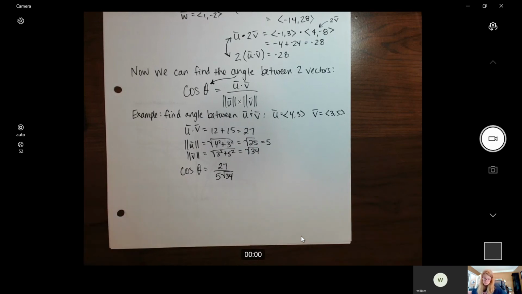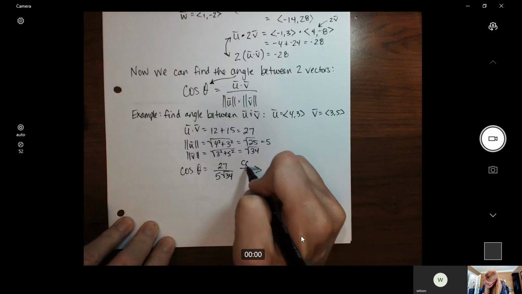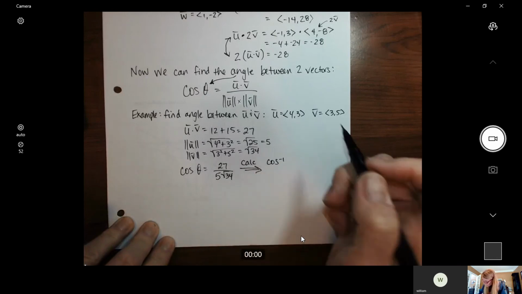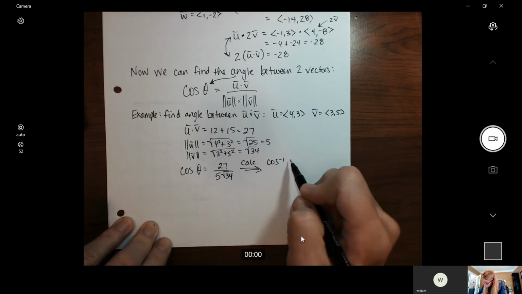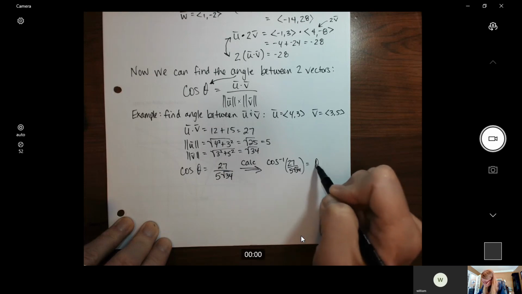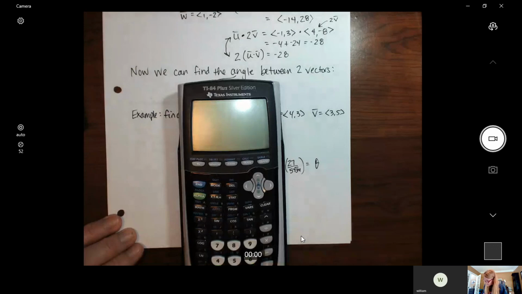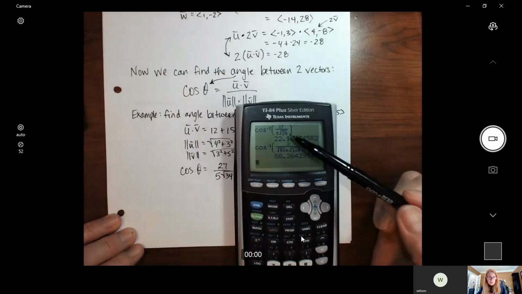Now this part, we have to use inverse trig. So we have to go to our calculator and use cosine inverse, right? So if the cosine of theta is equal to that, then the inverse cosine of that value is equal to theta. And so you can put that all in your calculator. I did it here earlier. You can see there's 27.